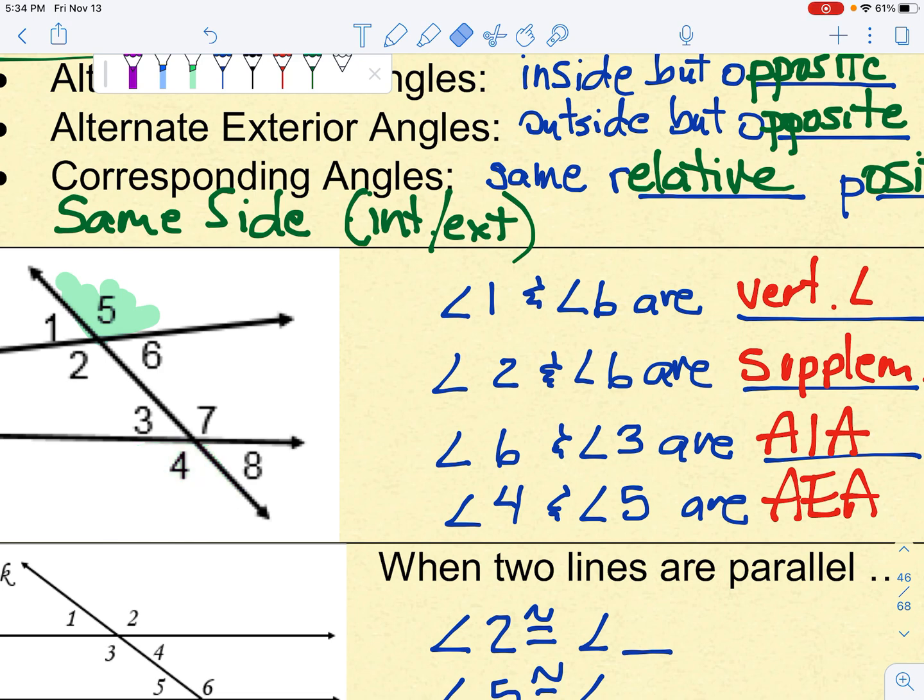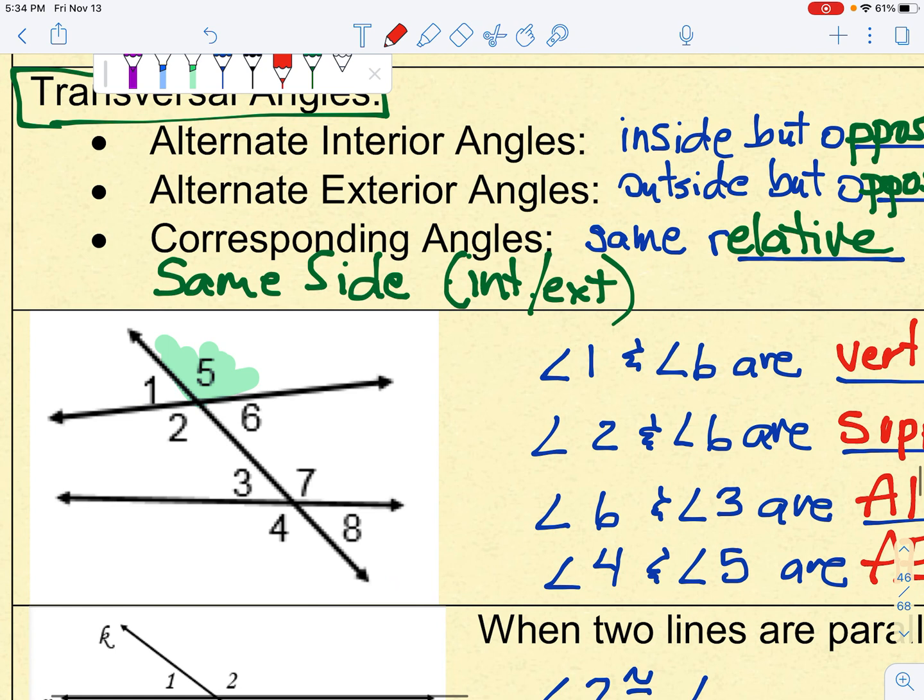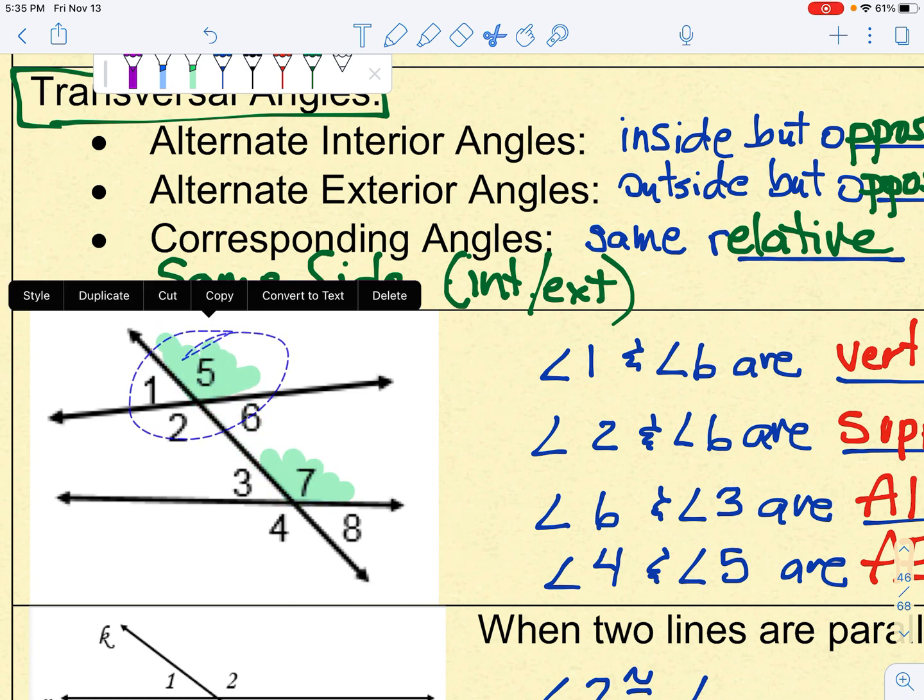And then corresponding angles, these are somewhat tricky, but they're in the same relative position. So if I look at angle 5 and I say what's in the same position as 5, not in this neighborhood, but in this neighborhood of angles, then I would say angle 7 is in the same position, right? Because I can take this angle and put it on top of that one. It's in the same quadrant, same region.